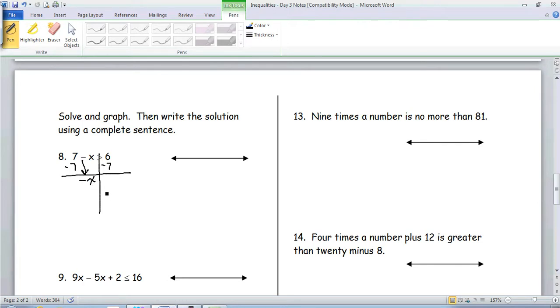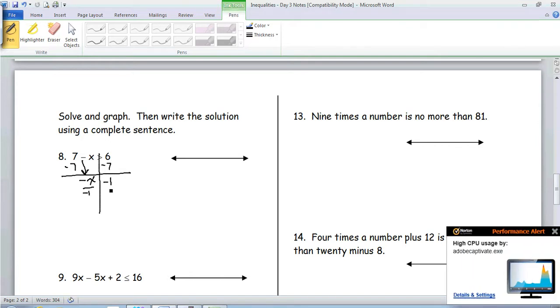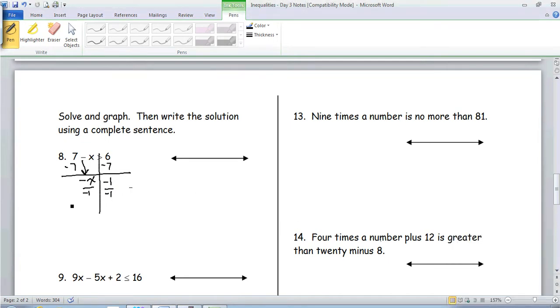It makes it a negative. 6 minus 7 is negative 1. Now, to change our sign, we divide by negative 1. Let me get rid of this alert. And whenever we divide or multiply by a negative number, we must change our sign. X is less than 1.